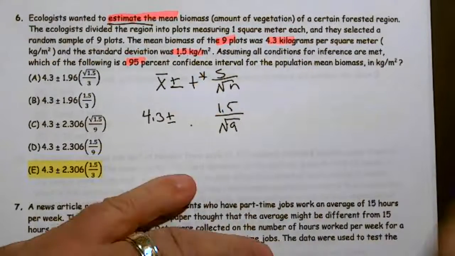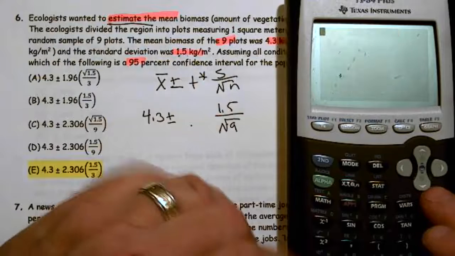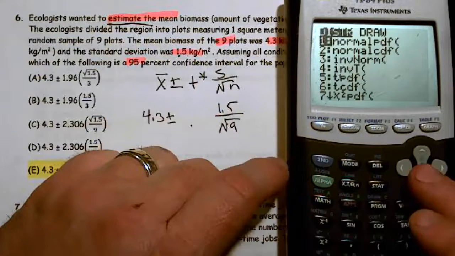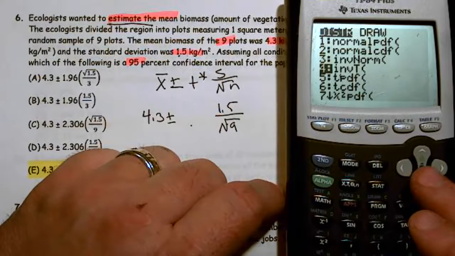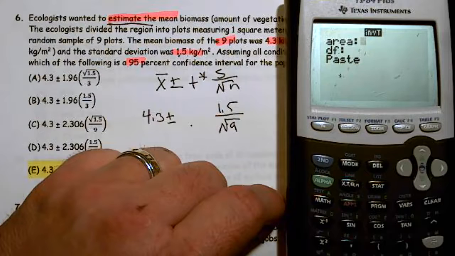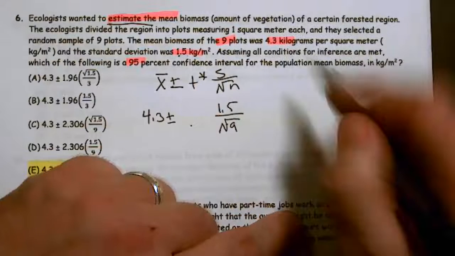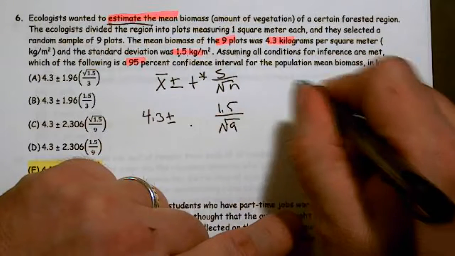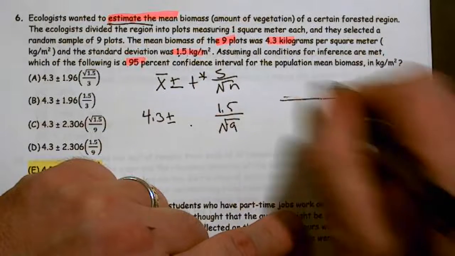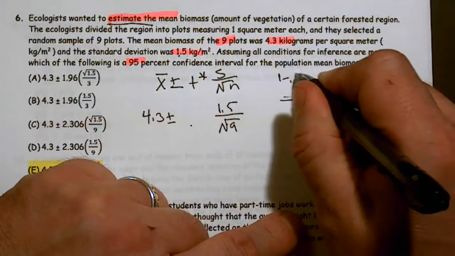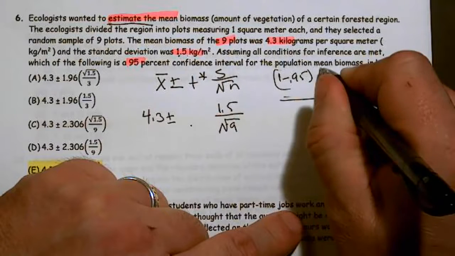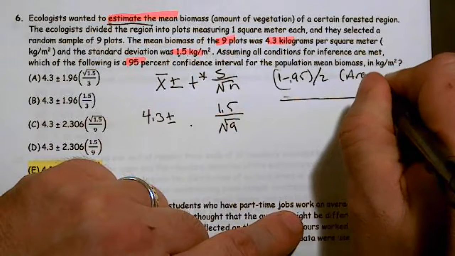And now I need to go calculate my t star. So second vars, inverse t. And so area, 1 minus 0.95 divided by 2, that's our area.